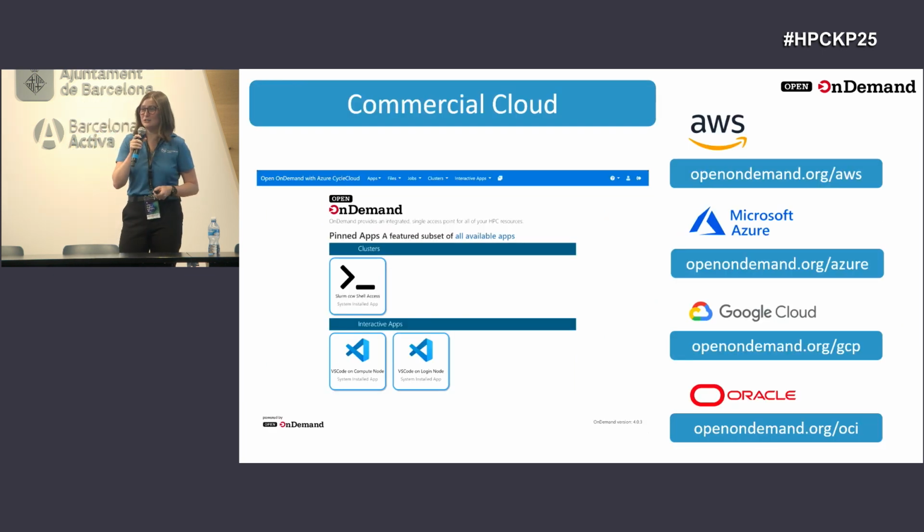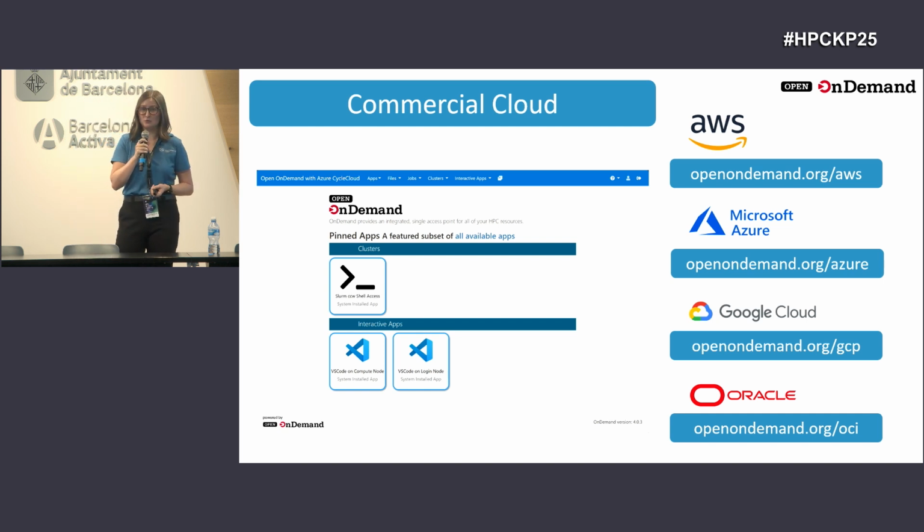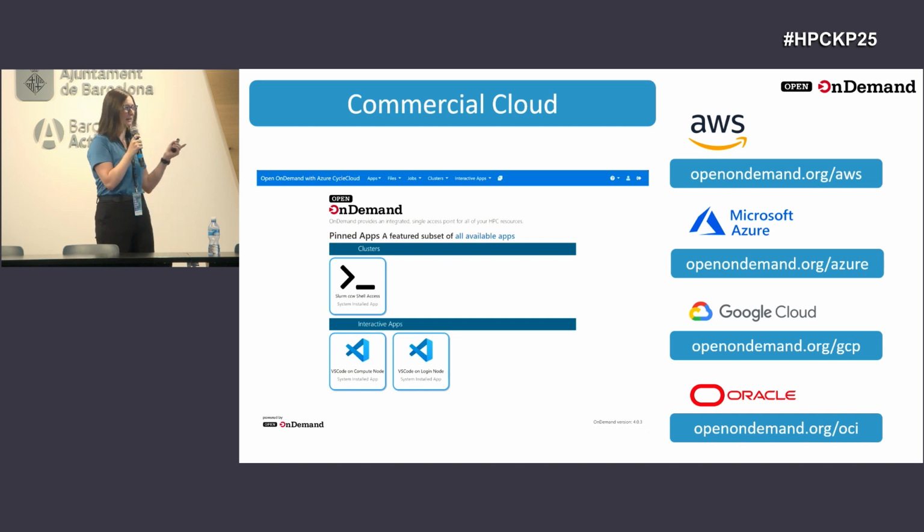Open OnDemand is also available through these 4 major commercial cloud providers. One of the more recent ones is Oracle Cloud Infrastructure, shown below. All those links, you can grab those, and it'll take you to either blog posts or articles or information on how to get OnDemand through those cloud providers.